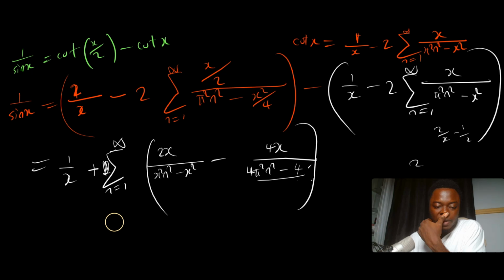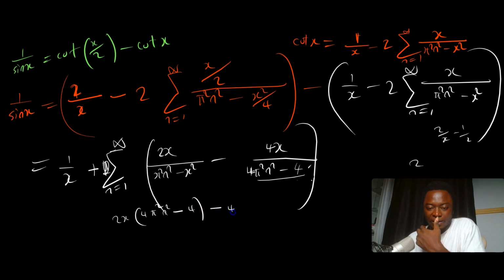So at the very top you have a 2x, then you have a 4 pi squared n squared minus 4x squared.